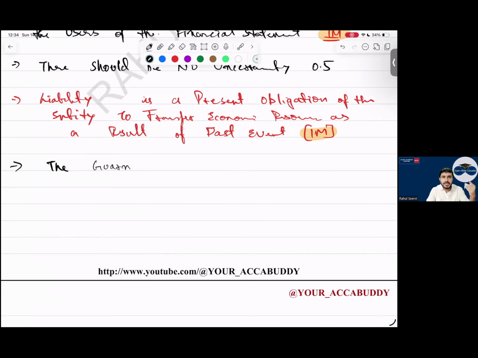The guarantee meets the definition of liability. Why are you saying that the guarantee meets the definition of liability?